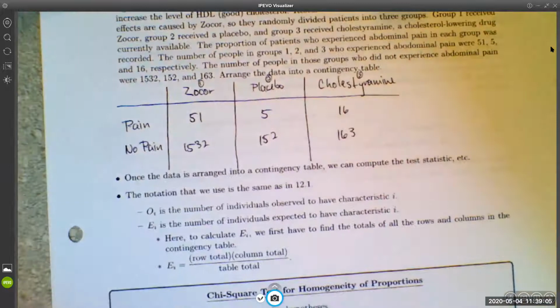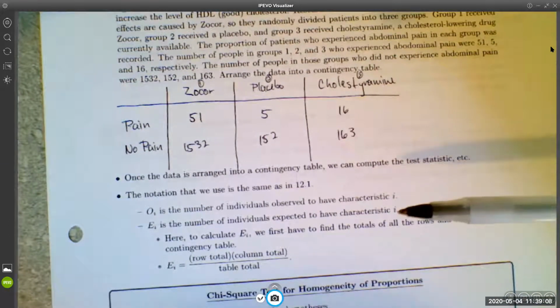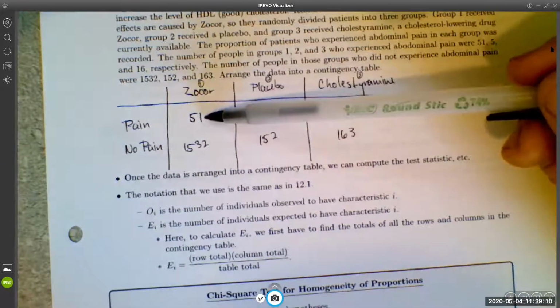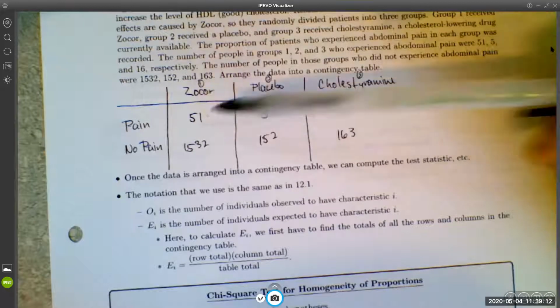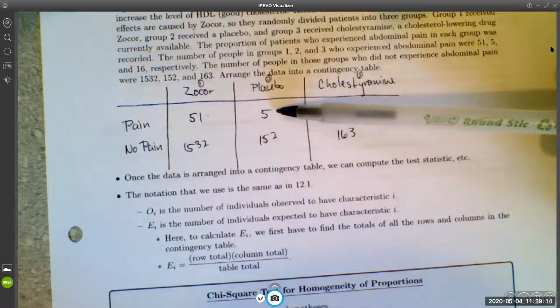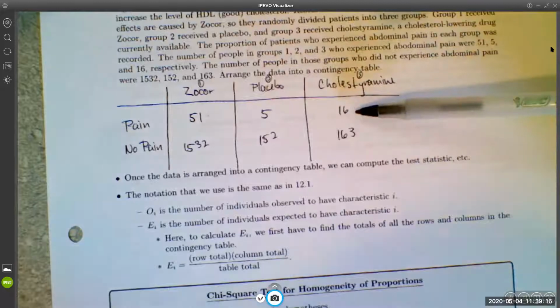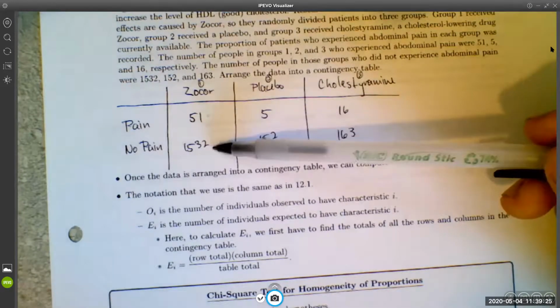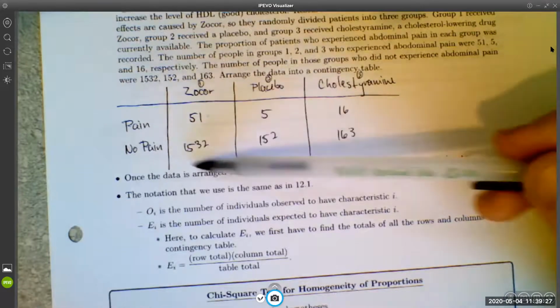Now looking at this, you may think, okay, this is bad news for Zocor because 51 of their patients experienced pain, and only 5 people who took the placebo experienced pain, and only 16 of the cholestyramine patients experienced pain. But look at the total number of individuals in each study. In the Zocor group, you had over 2,000 individuals in the study.